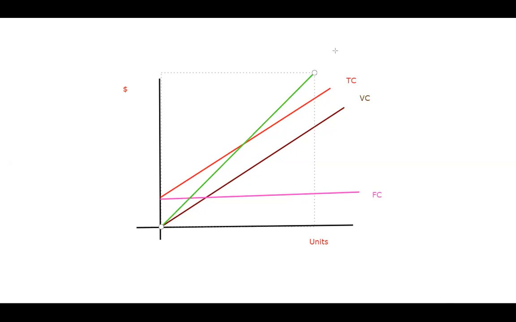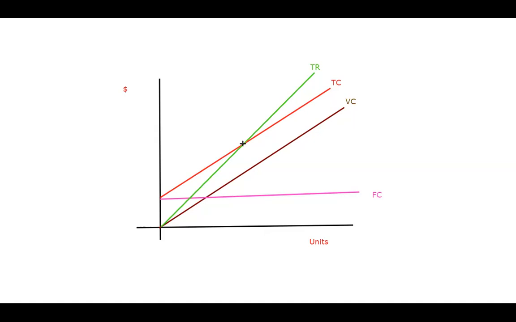So let's write it down, text. This is your total revenue. Total revenue. Oh, no. Stay there. I need to move. Total cost. Yeah.